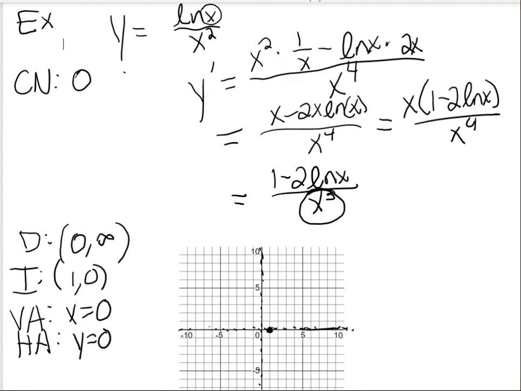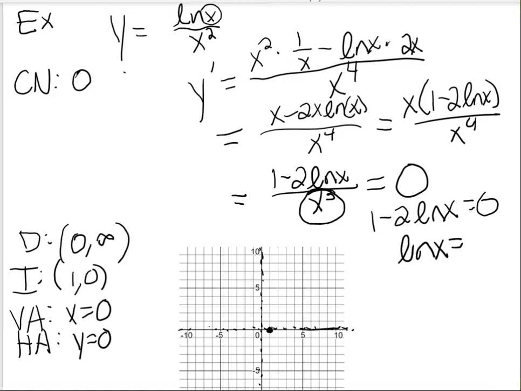What about setting the numerator equal to 0 and solving? What do we get? Well, that means 1 minus 2 natural log of x equals 0. So 2 natural log of x equals 1, or natural log of x equals 1/2. That is, x is e to the 1/2 power.